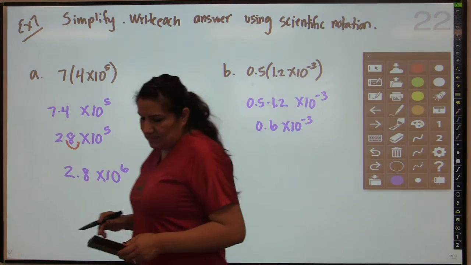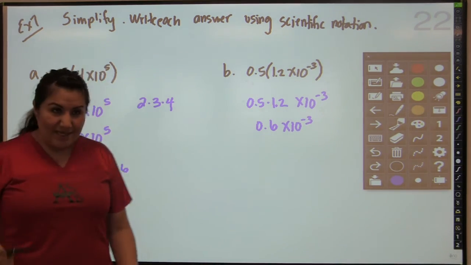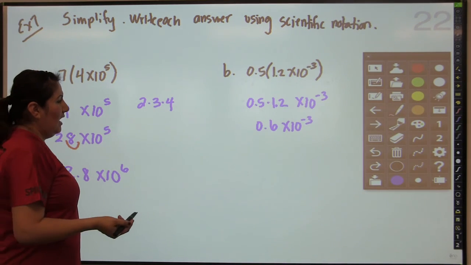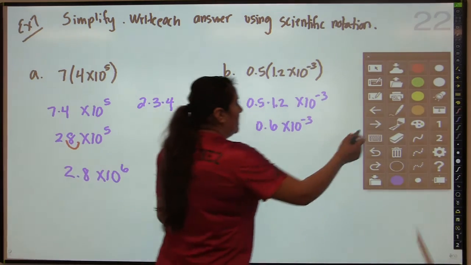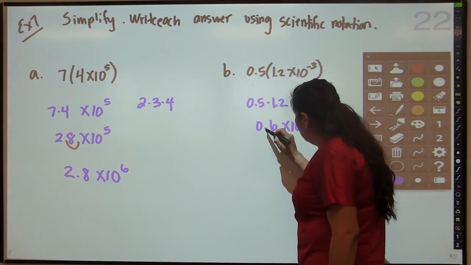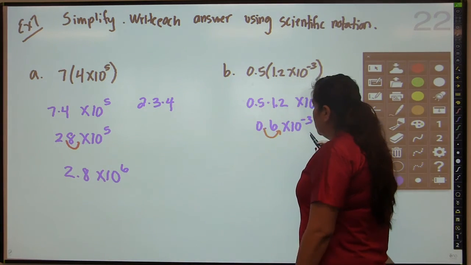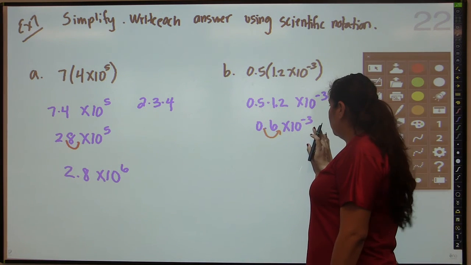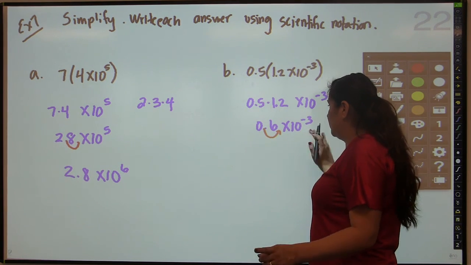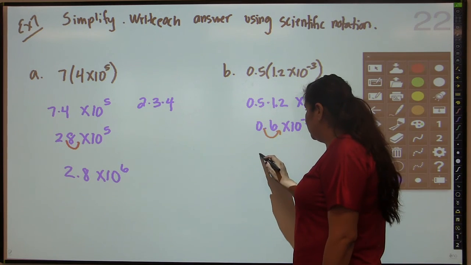Okay, 0.6. But again, 0.6 is not larger than 1. So this time, I'm going to move my decimal to the right. So when I move it to the right, I'm actually going to subtract 1 from the exponent. So if I move it to the right, it's going to be a 6.